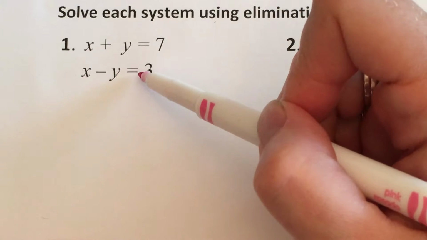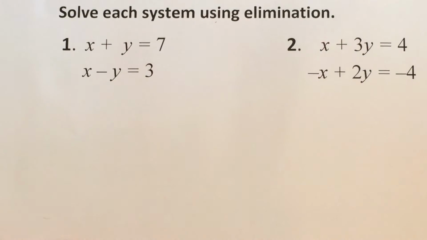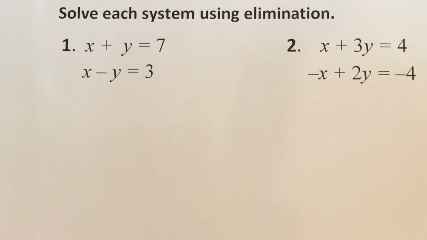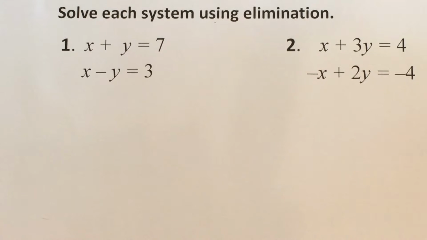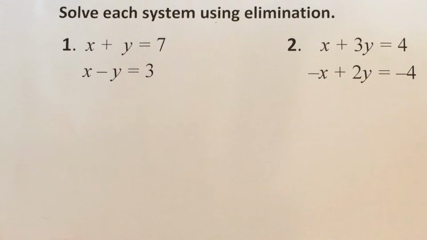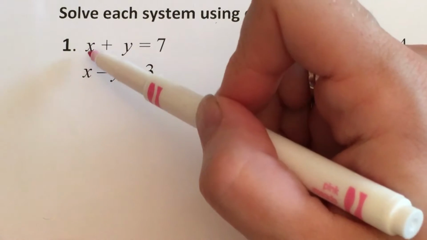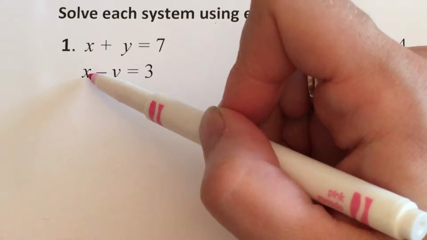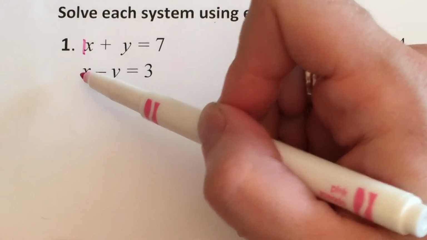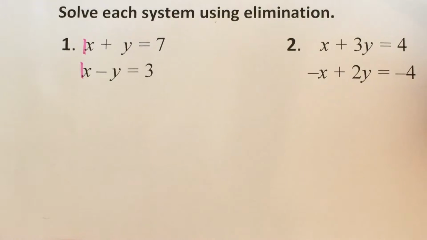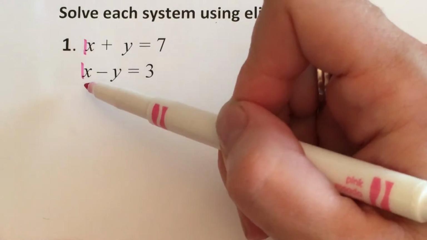X, Y equals number. So they're in the same order. That's great. Now we are looking for a variable that will cancel out. Same coefficient, but one's positive and the other is negative. So x's both have the same coefficient. This is a 1x and this is a 1x. That's great. But they're both positive.